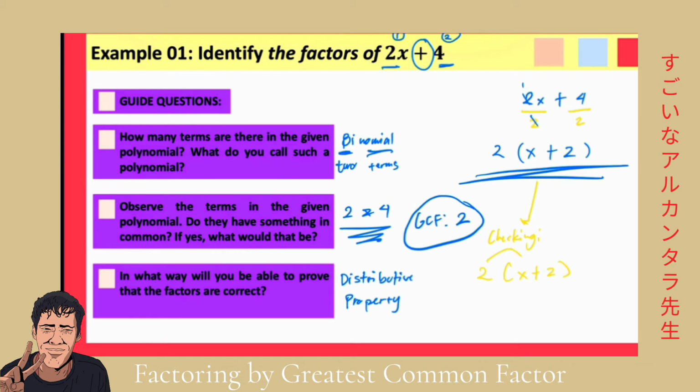So 2 times x is 2x. 2 times positive 2 is positive 4. And as you can see right here, we went back to where we started. Therefore, this proves that our factored form is correct. So that is for our first example.